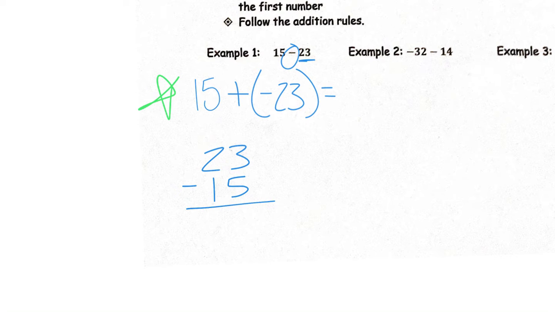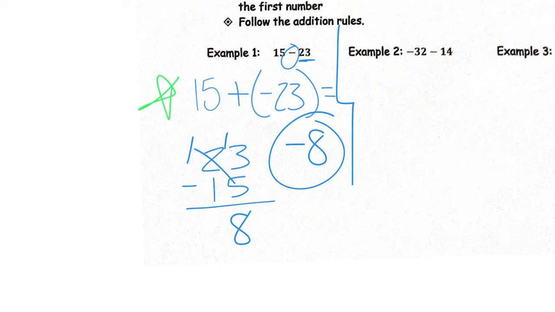So 23 minus 15, but I would have to borrow again. 13 minus 5, I should get 8. Positive or negative? Negative 8 would be that final answer. That negative 23 is further from 0. Clearly show your sign, whether it's negative or not. If I have to judge it, it's just going to get counted wrong.